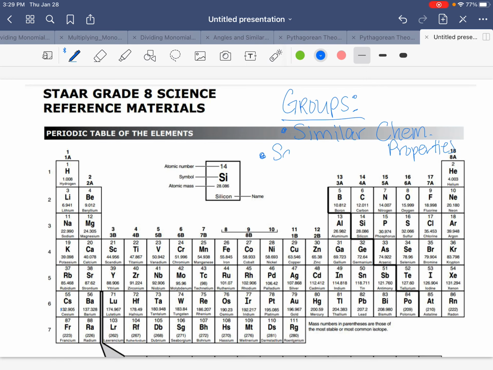They also have the same number of valence electrons and similar reactivity. All right, so those are the three main things that you need to remember or know about groups.